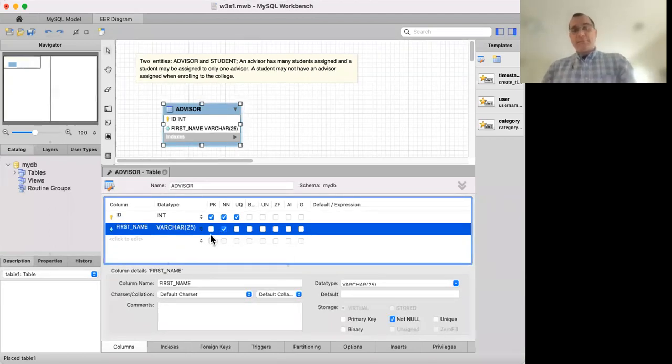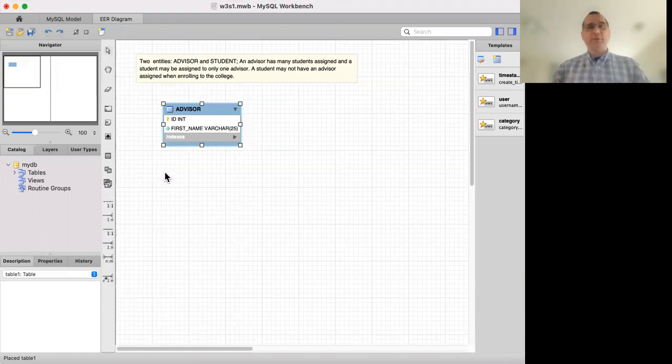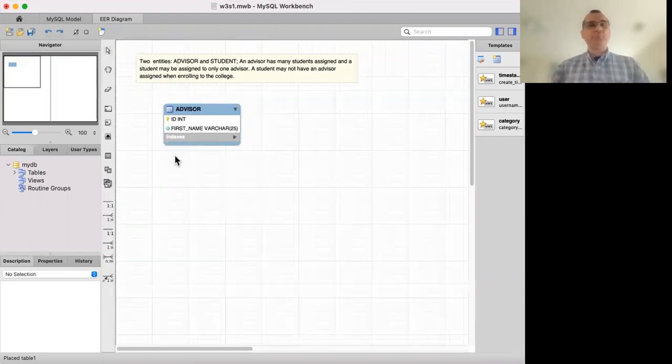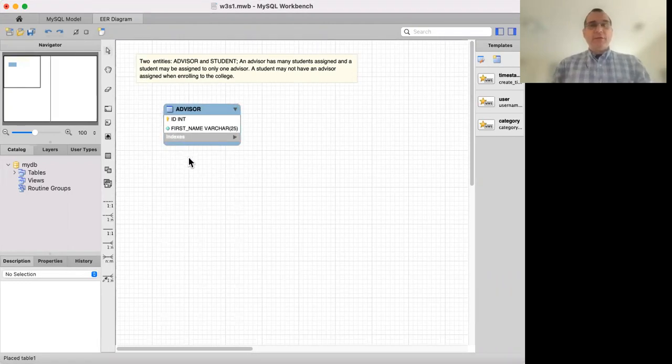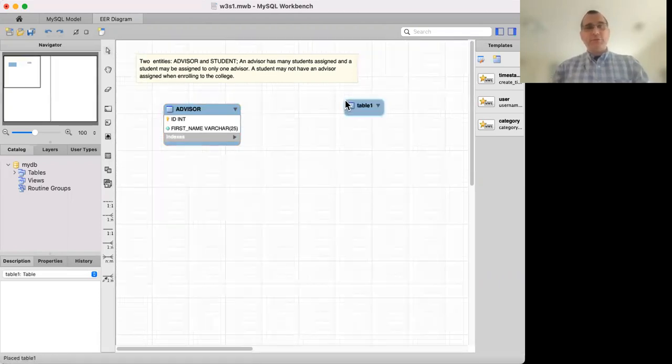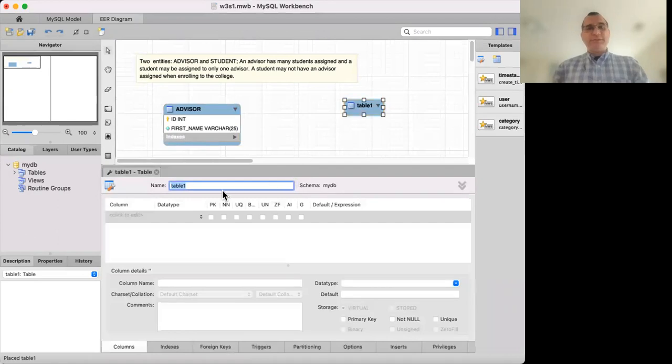It's not null, and may be duplicated because many people may have the same first name. Again, this is just to have something. It's not complete, but for our purposes it's enough. So this will be my first entity. My second entity will be the student, which seems to be the same thing.